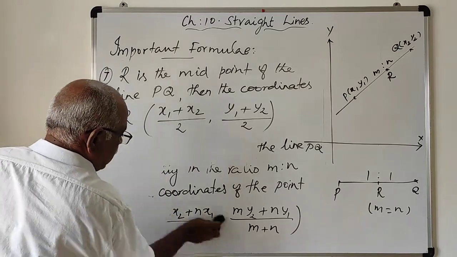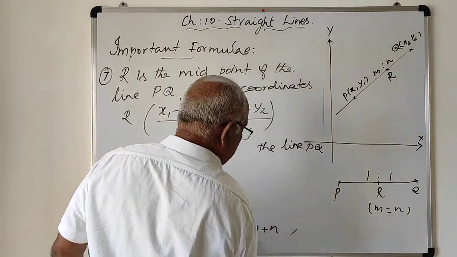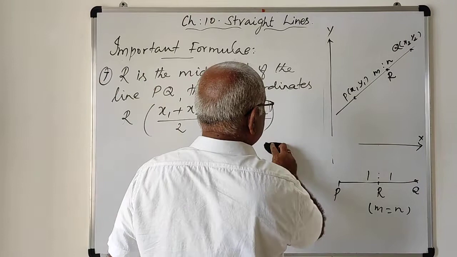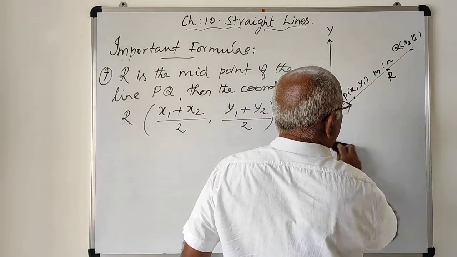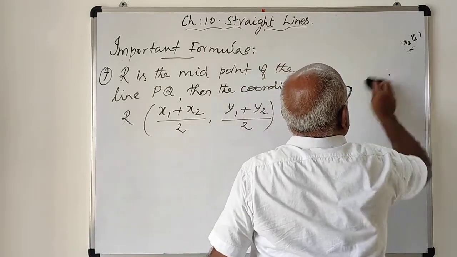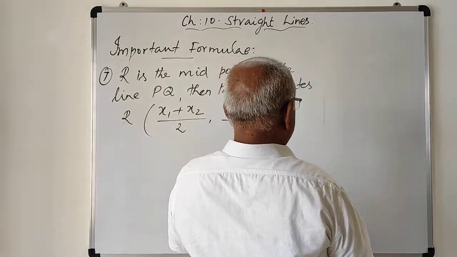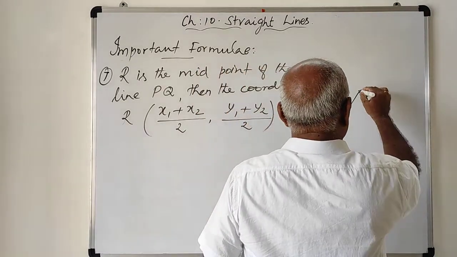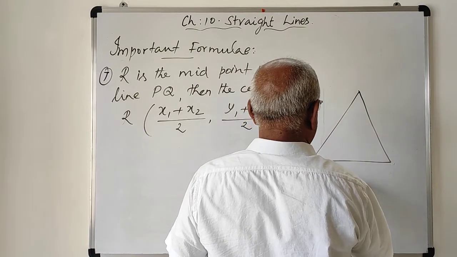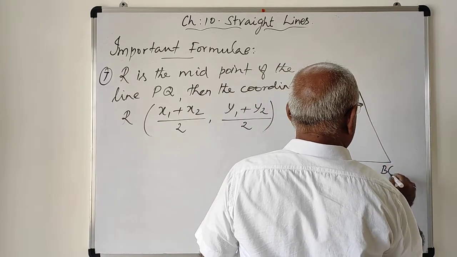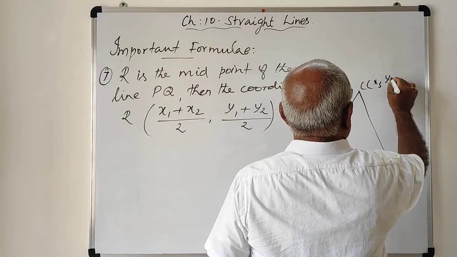And another result, area of a triangle whose vertices are given. So another result, this is A (x1, y1), B (x2, y2), C (x3, y3).